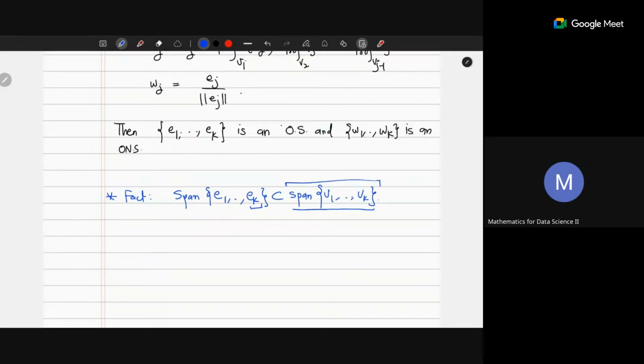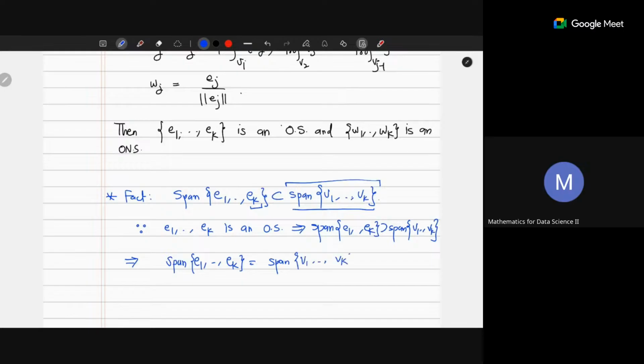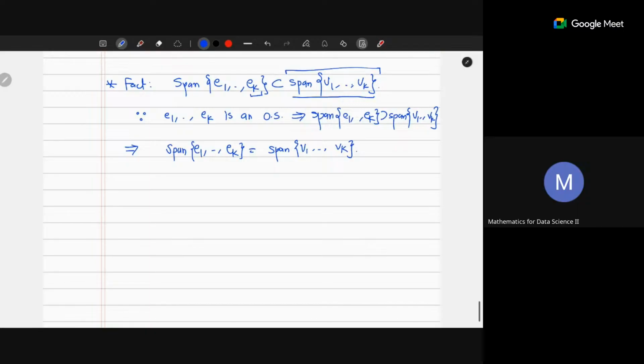So the span of V1 up to Vk is contained in the span of E1 up to Ek. By these two inclusions, they contain each other, which means they are equal. So the span of E1 up to Ek is equal to the span of V1 up to Vk. Okay, this is one fact which is easily noticeable.